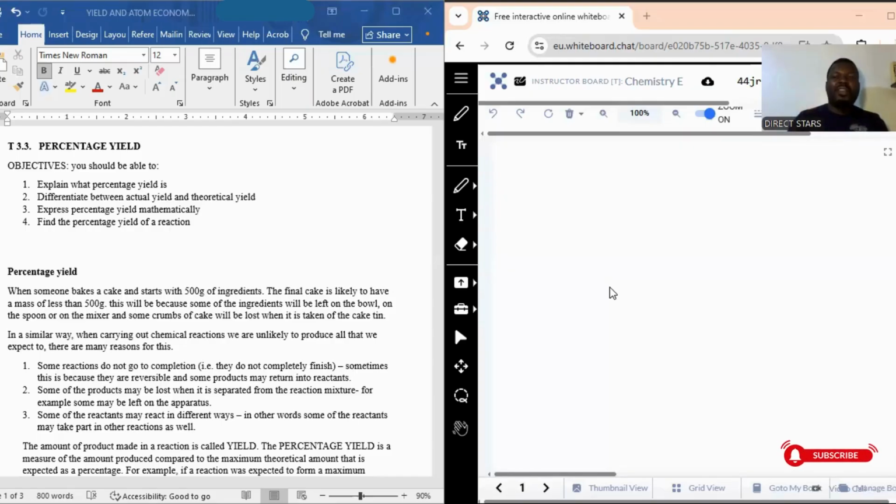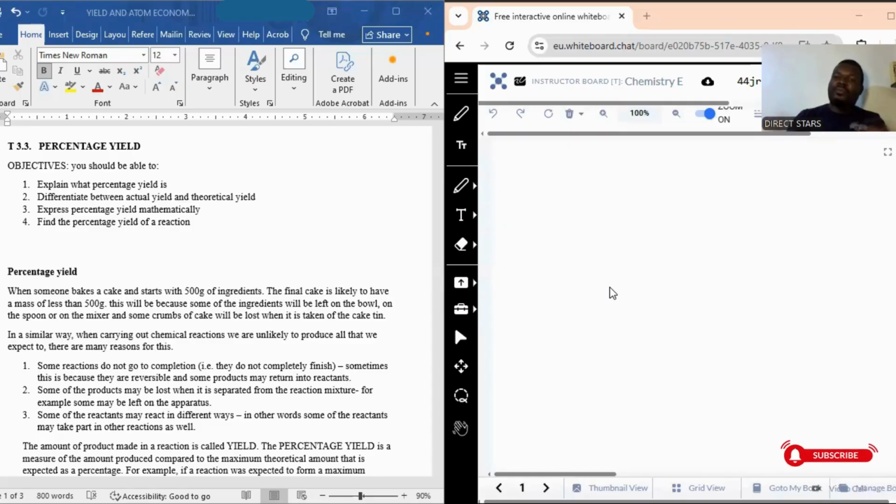Number one, not every reaction goes to completion. So some do not finish in the process, and that may lead to loss. In some reactions, there are still some elements of reversible reactions that take place.